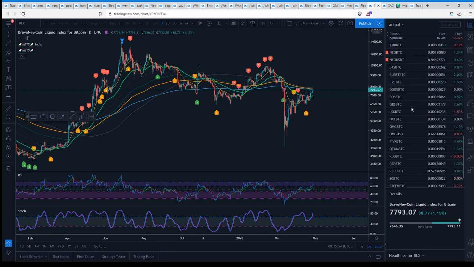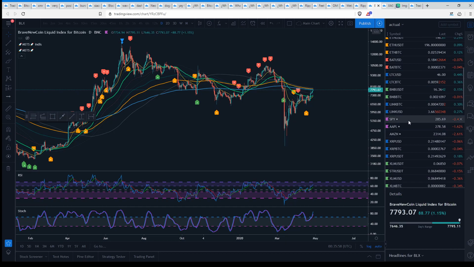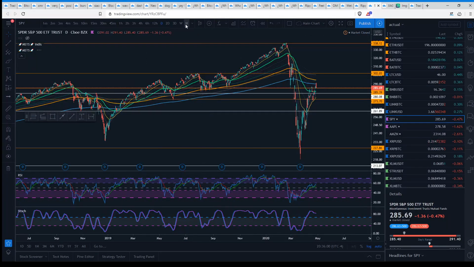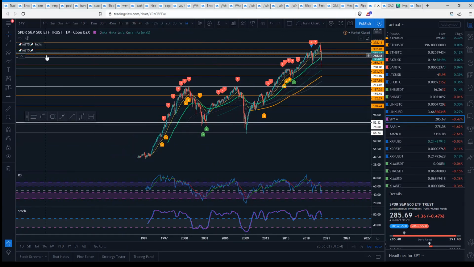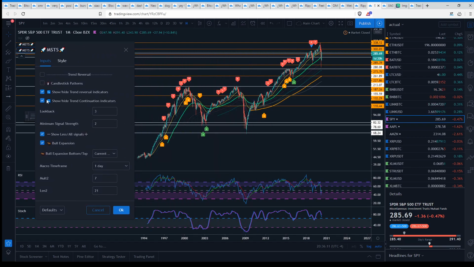Well, let's start with SPY. Let's go to SPY. Traditional markets, that will be nice. So right here we have our look backs, how long we want to look back, and this we should decrease the higher the time frame, and SPY is probably the only one we can trade on a monthly basis using the algorithm.